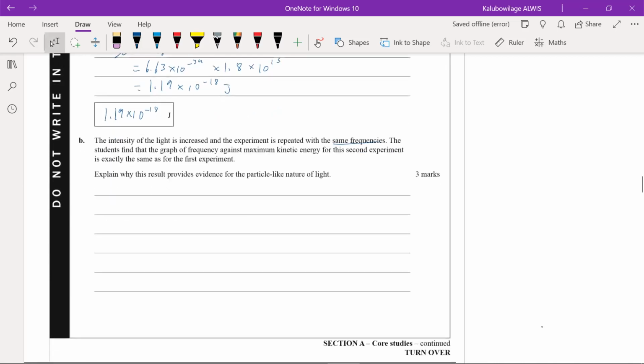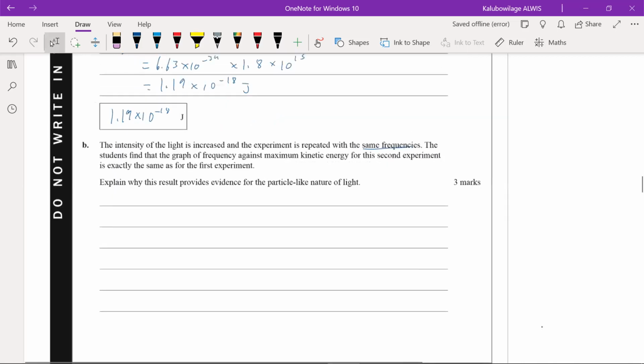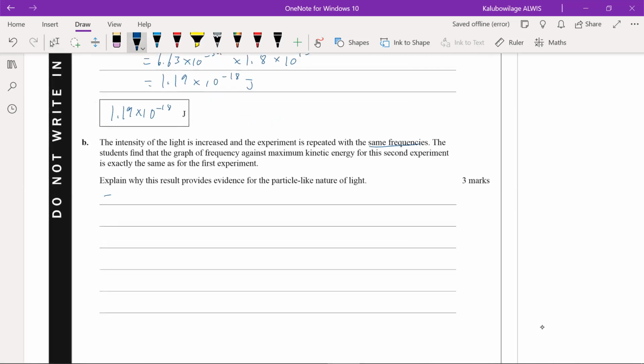So we can first disprove the wave-like nature.